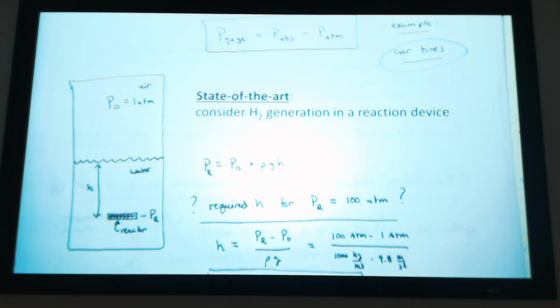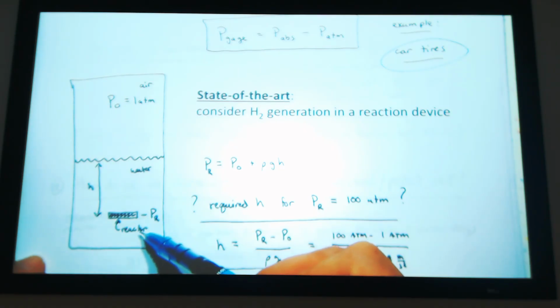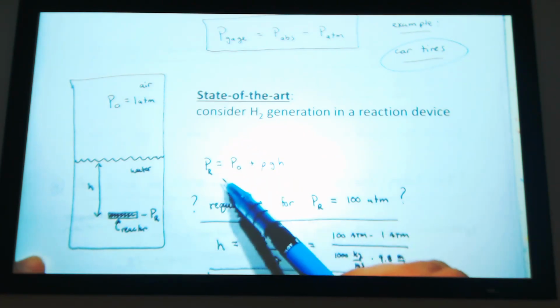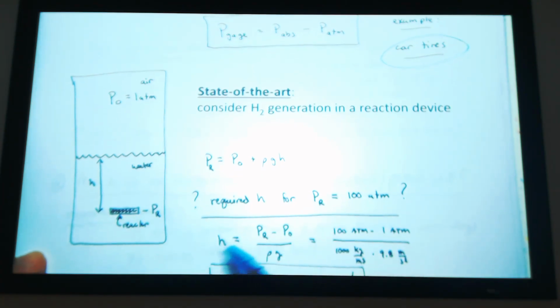Now they want to produce hydrogen, and it turns out they can devise things that are more efficient at producing hydrogen from water at really high pressures. But when you put hydrogen at really high pressures, things get explosive. So let's put a reactor really deep in the ocean, so I can use the pressure, which is the atmospheric pressure plus rho g h.